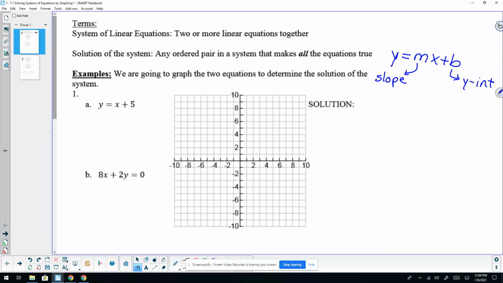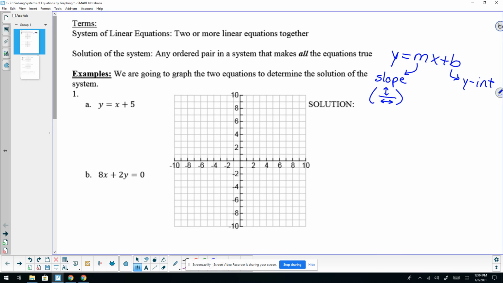To graph an equation that is in that form, we start at the y-intercept on the vertical y-axis, and then we move by the slope, up and down in the numerator of the slope and right or left in the denominator of the slope. So remember that while we're going through these problems.